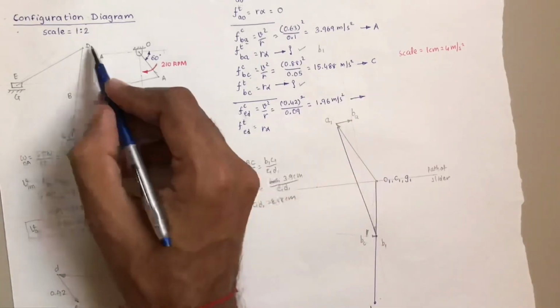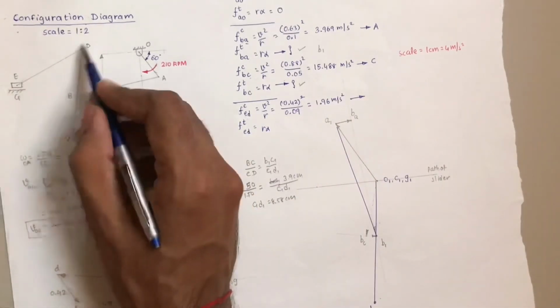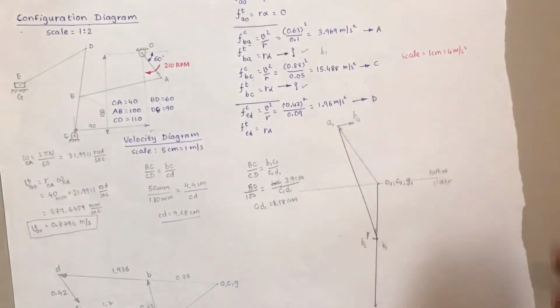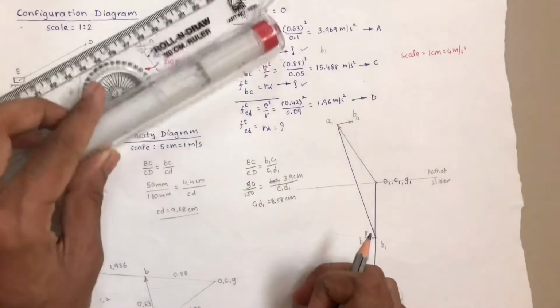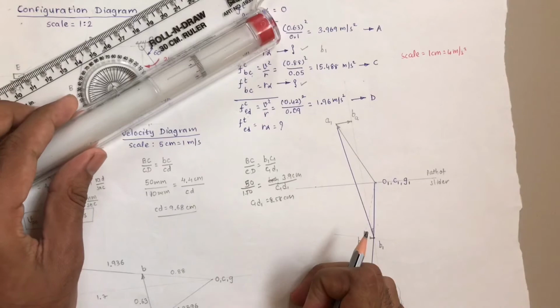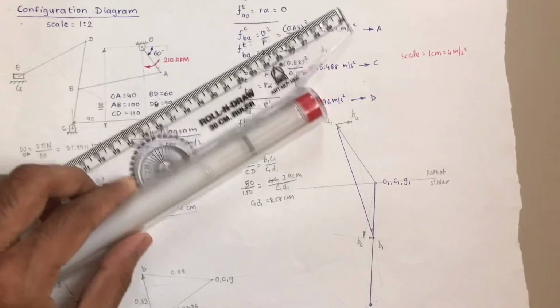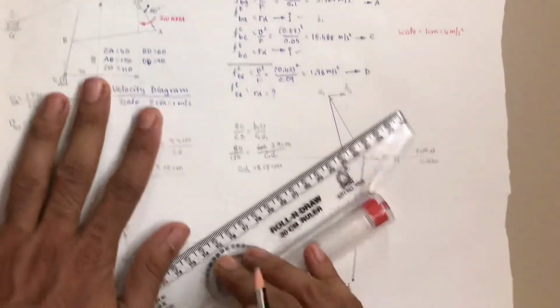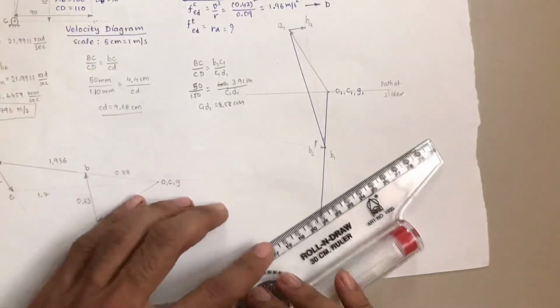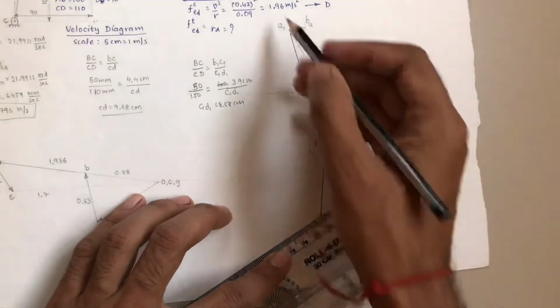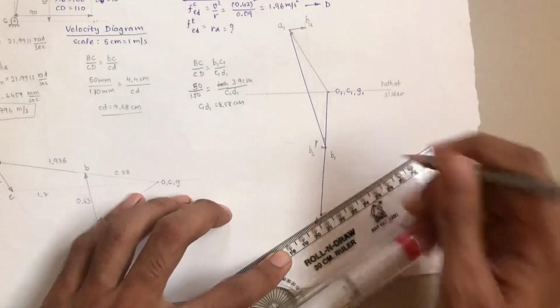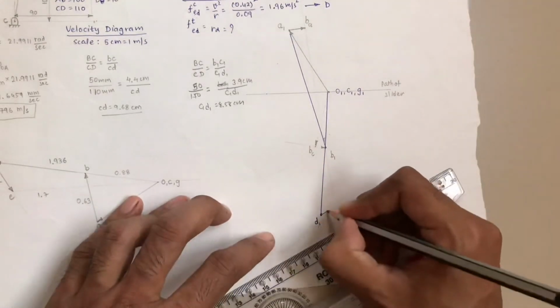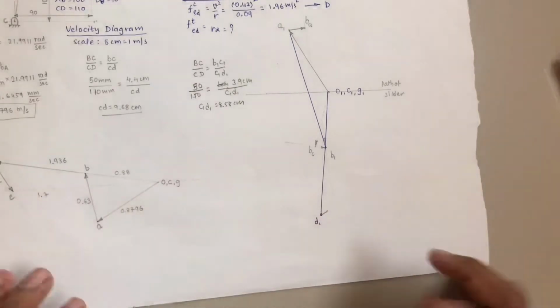Direction towards D, because E is a slider, it is not fixed, so it is towards capital D. Again we can't find this, so it is towards D, means when we keep the scale parallel to ED and starting from the D1 point, that will be 1.96 divided by 4, and here is the centripetal component.